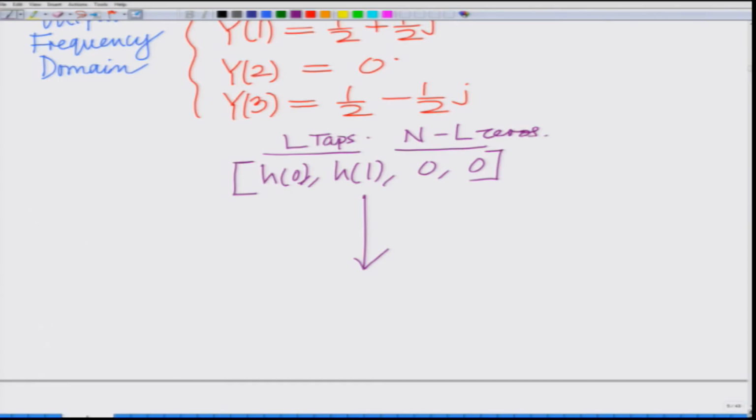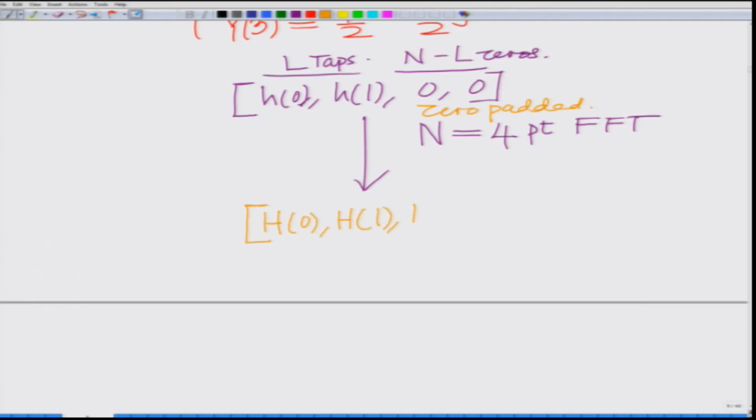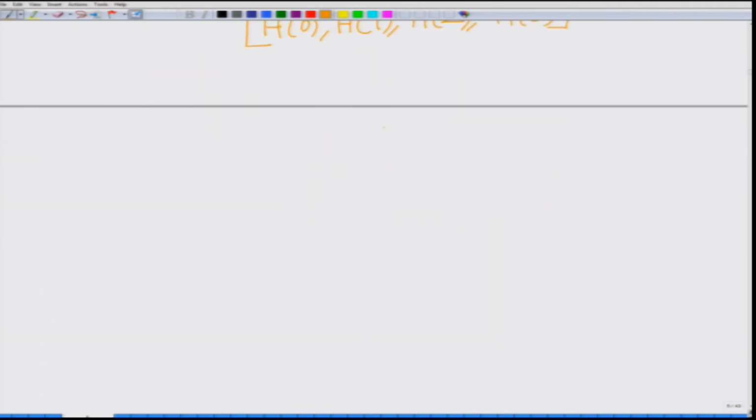In this case, L equal to 2, so you have 2 taps, and n equal to 4, so you have 2 zeros, all right, and you take the zero padded n equal to 4 point FFT, and just to keep in mind that this is the zero padded FFT, and what you get are the channel coefficients across the subcarriers.